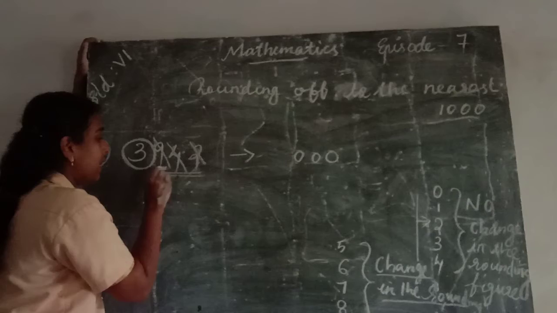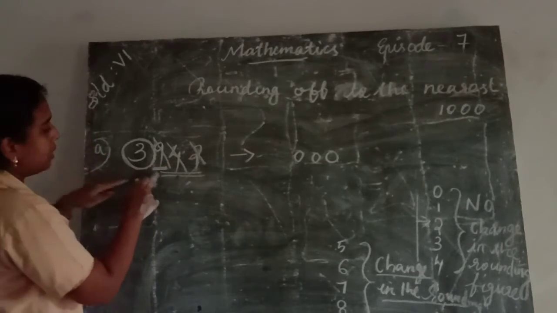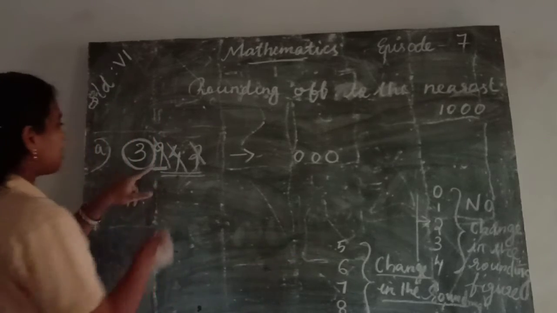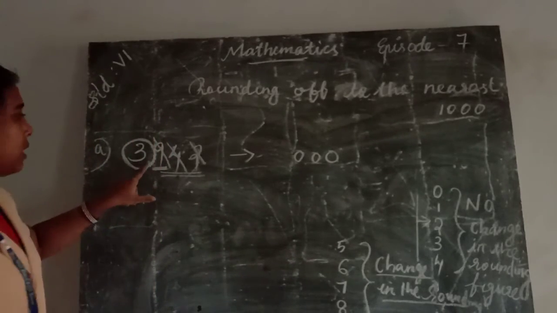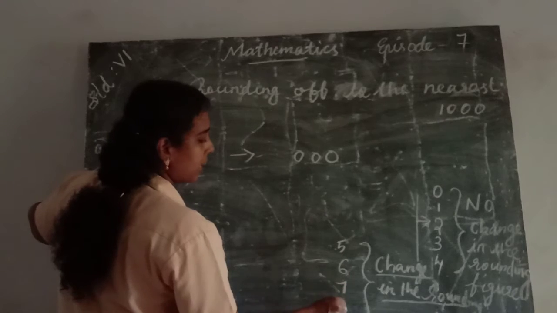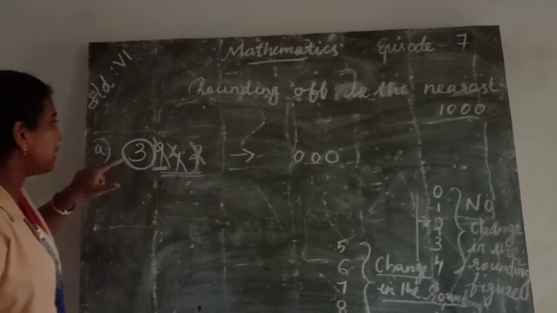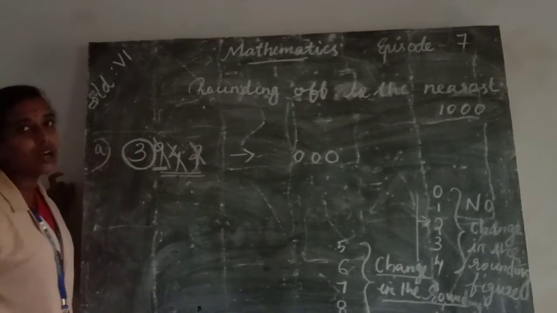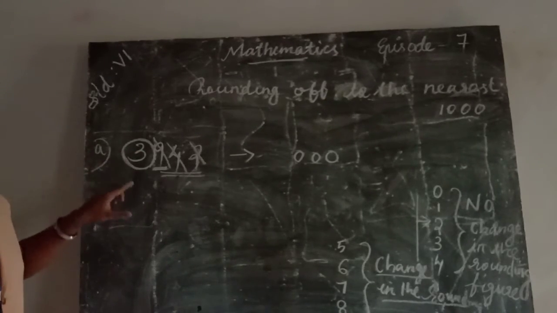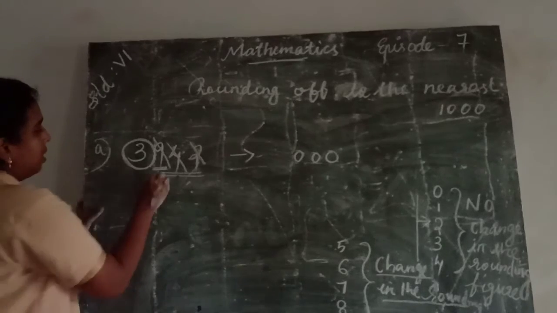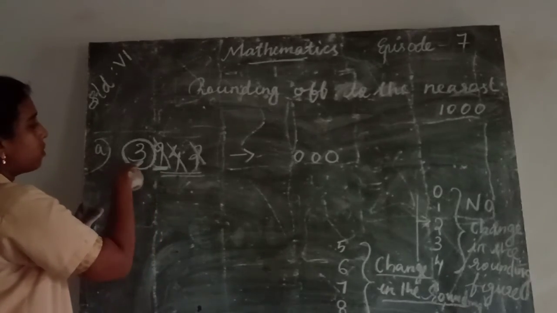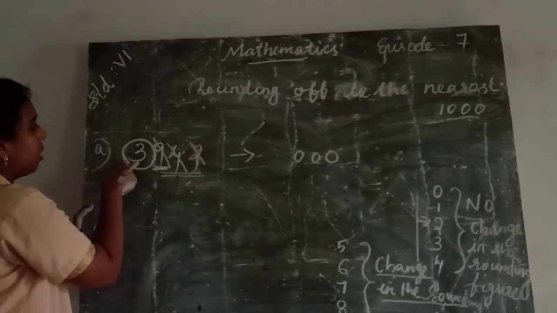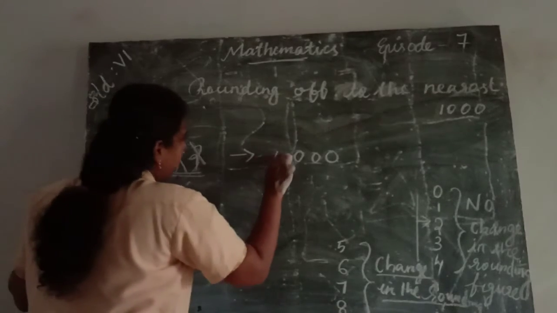If the digit that comes just before the rounded digit is 5, 6, 7, 8, 9, then there is a change in the rounded number, that is, we add 1 to the rounded number. Here 9 comes just before the rounded number, so we add 1 to the rounded number. So we get 3 plus 1, we get 4.